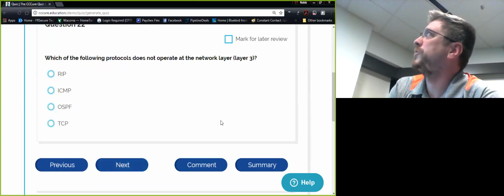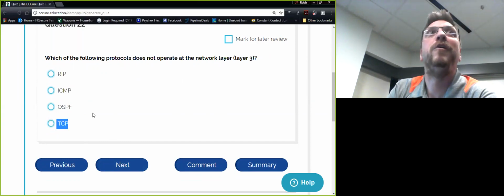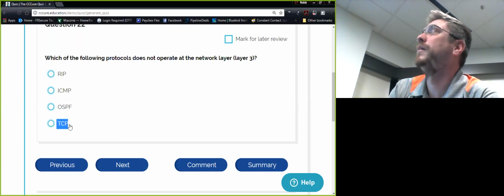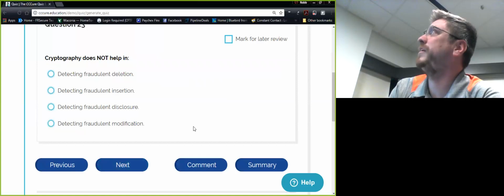Which of the following protocols does not operate at layer 3? D. B, D. No. Q is part of TCP. Yeah. All right. Cryptography does not help detecting fraudulent deletion, detecting fraudulent insertion, fraudulent disclosure, or modification.